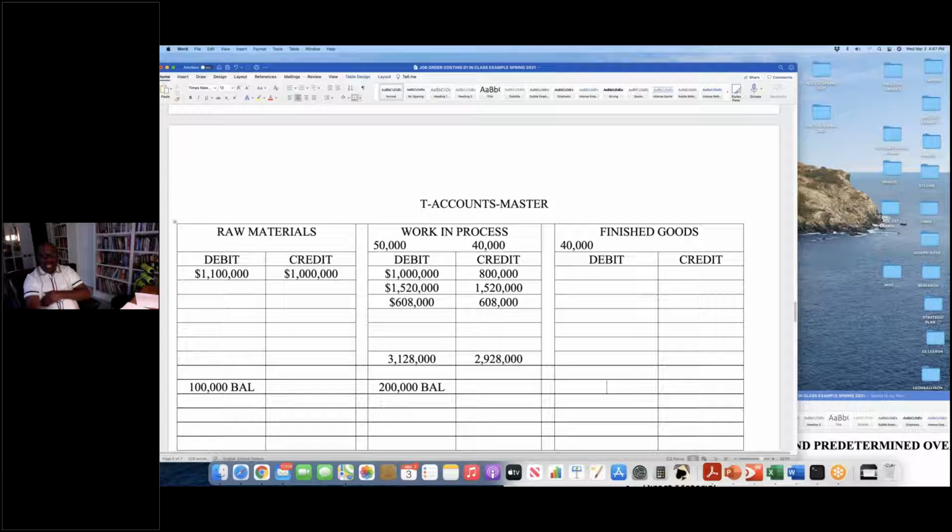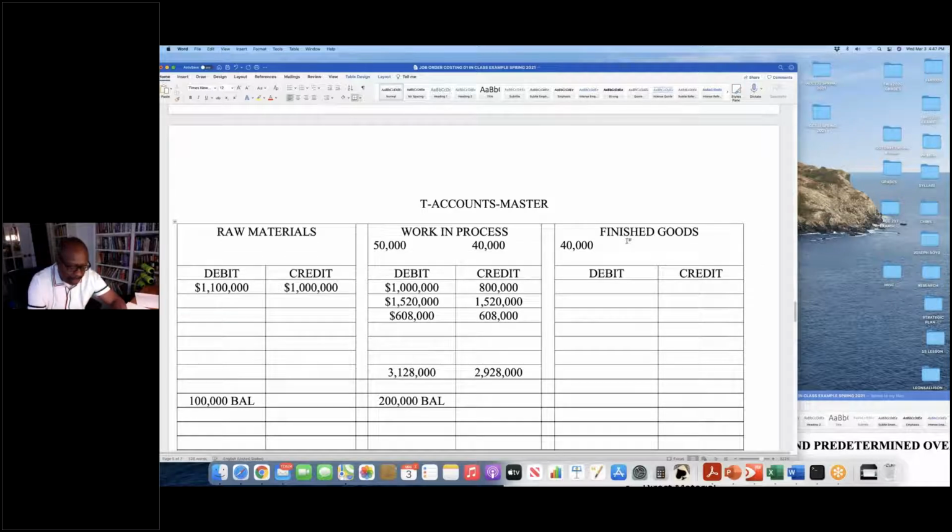Right? No. In finished goods now, I asked you for the unit cost. What's the unit cost of these items that are in finished goods? We don't have anything in finished goods yet. What's the unit cost, Professor?